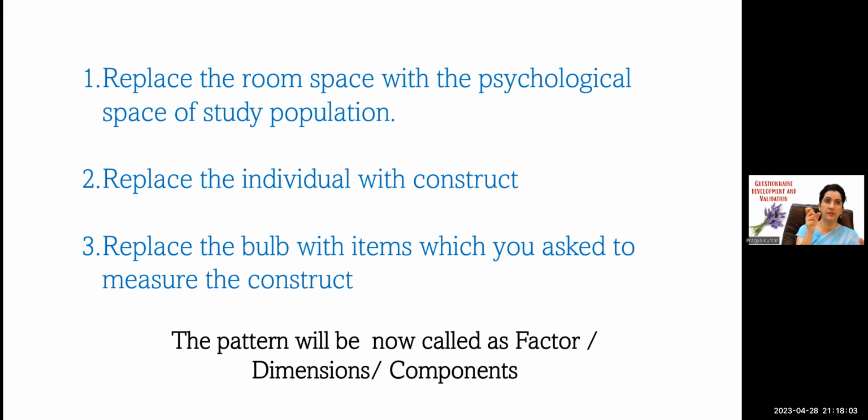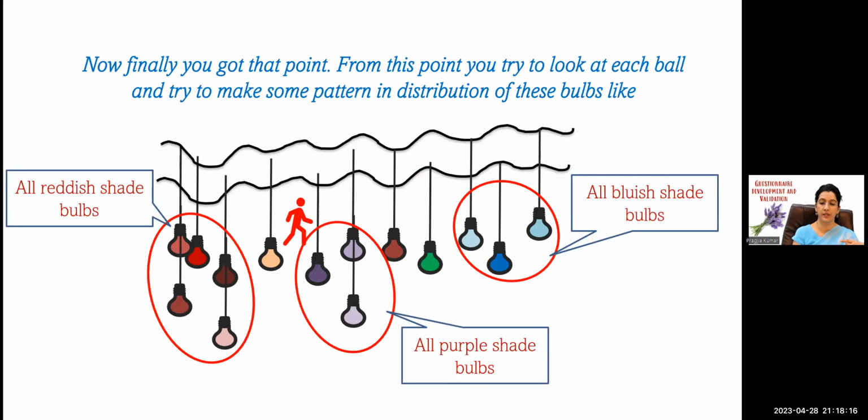So the construct is moving, and you replace the bulbs with the items which you have taken to measure the construct. So now that pattern which was formulated here in this slide is known as the factor. And the coming of this bulb into this factor is known as the factor loading.